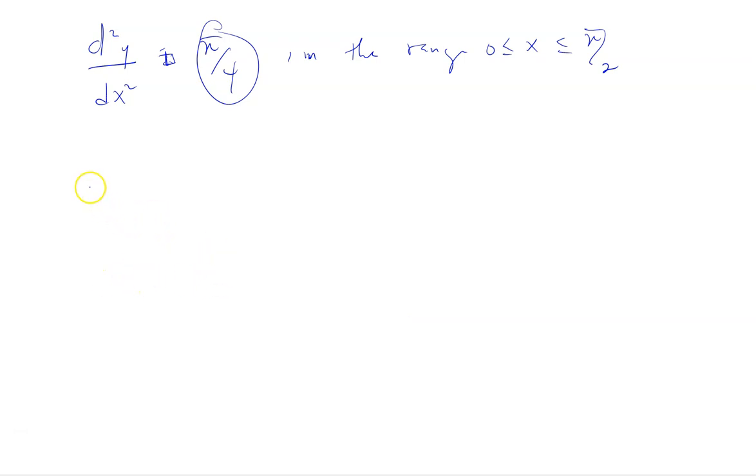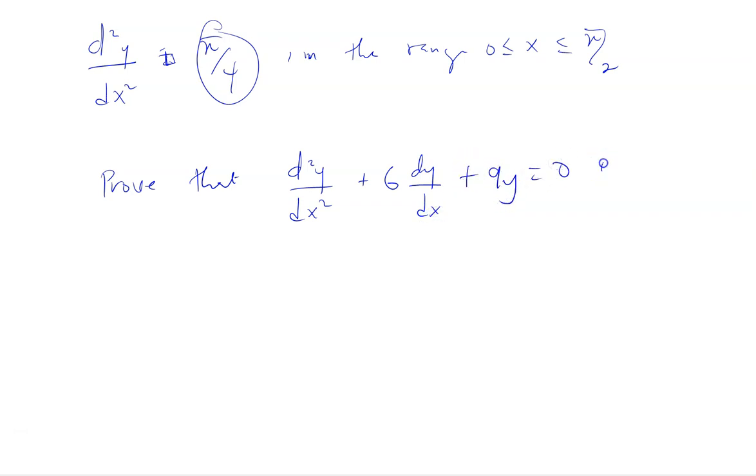He says to prove that d²y/dx² plus 6 dy/dx plus 9y equals 0 when y is equal to 2x e to the power of negative 3x. Let me write the continuation here so that I'll get more space.